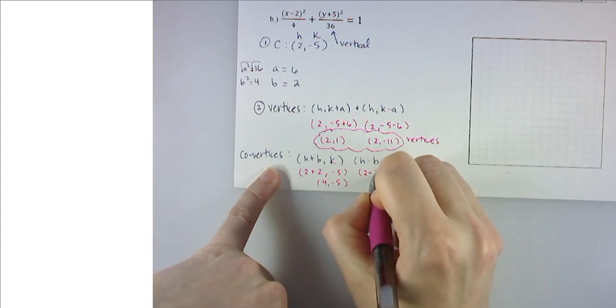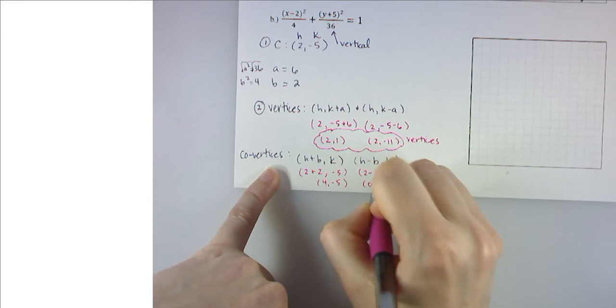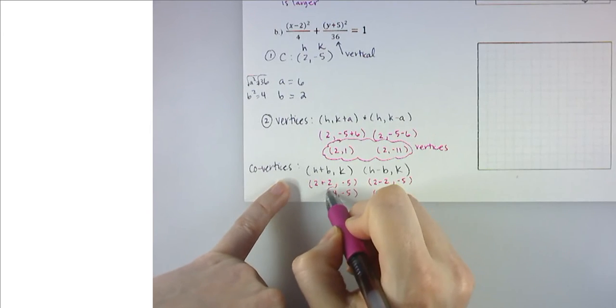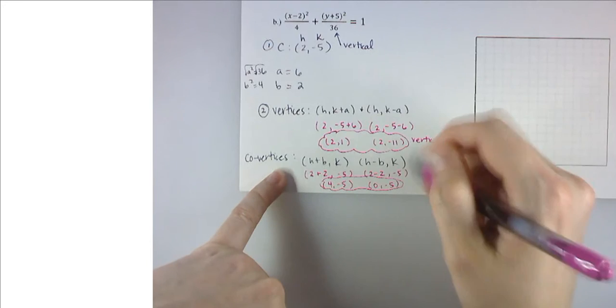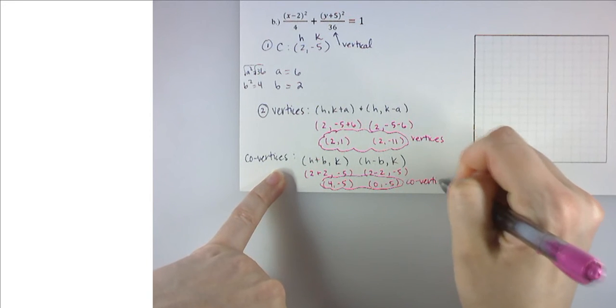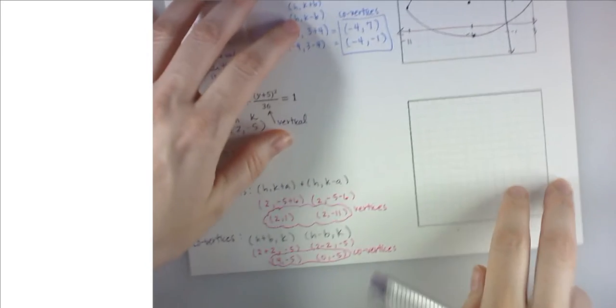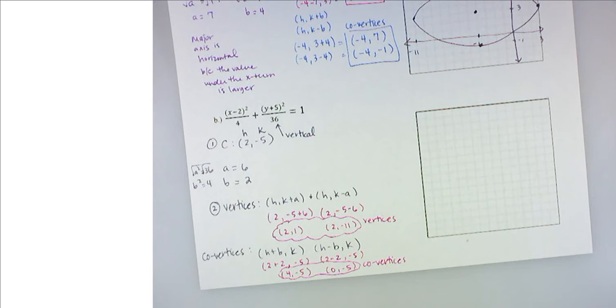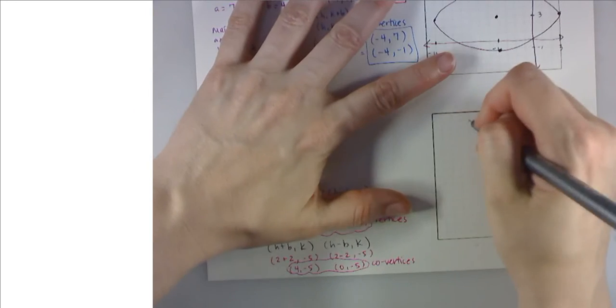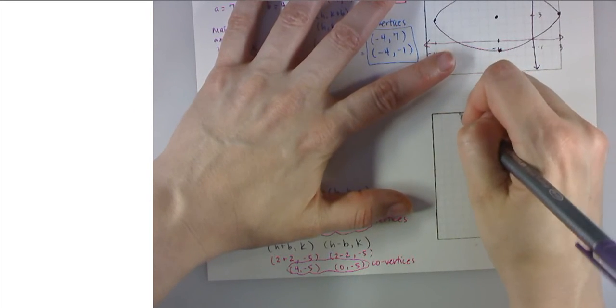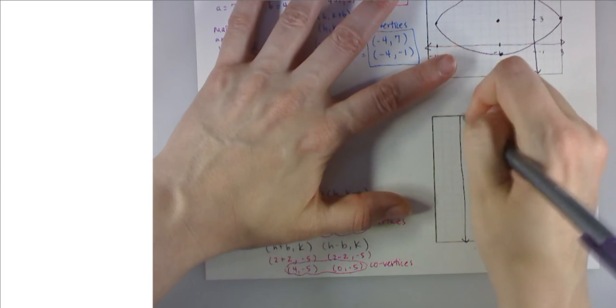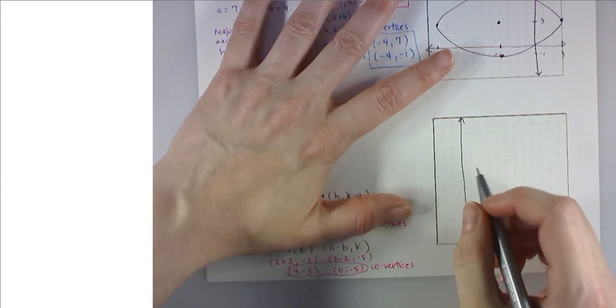All right, and then we are ready to graph this one. All right, so the center is (2, -5).